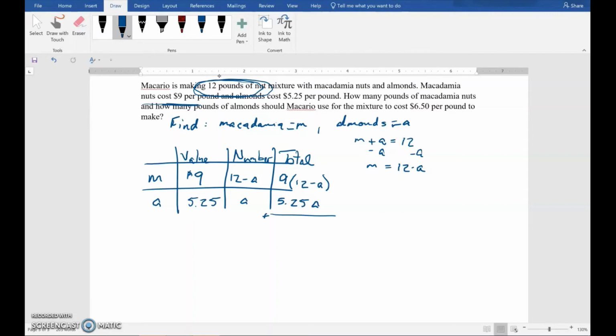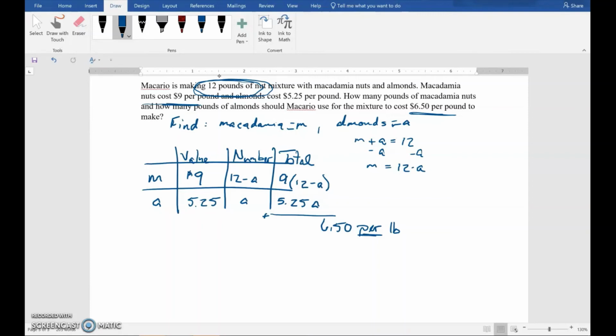Normally when we add these together, we get a dollar amount, right? Just a flat out dollar amount. But here we want the total to be $6.50 per pound. What does this word per mean? Per means multiply, so I still have to take that $6.50 times something.